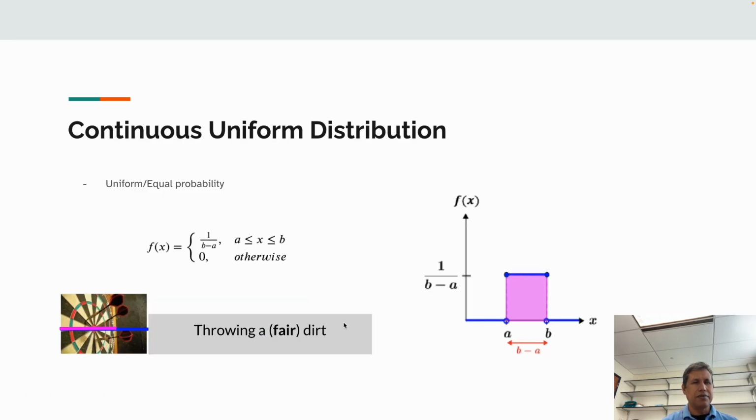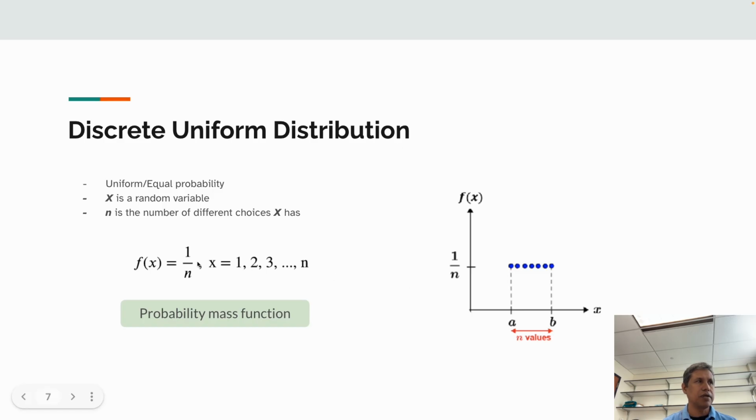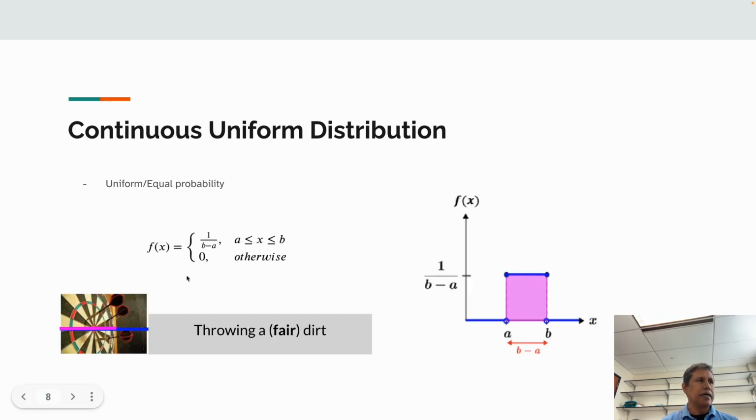As I said, this function also applies to a continuous variable, but the definition will change. If you recall, for discrete it is 1/n, and for continuous it's 1 divided by b minus a. a and b are actually the range, so we are only talking about this pink area.